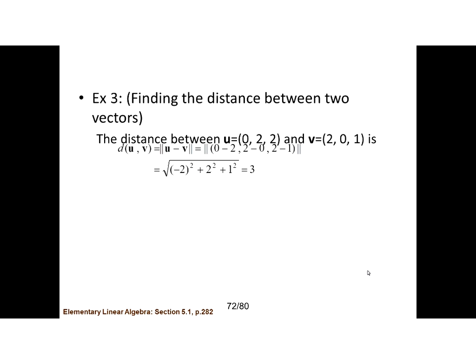We take the square root of each squared term added together. 0 minus 2 is minus 2, and the square of minus 2 is 4. Similarly, 2 minus 0 is 2, and the square of 2 is 4. The last is 2 minus 1, which is 1, and the square is 1. After adding them and taking the square root, we get 3.